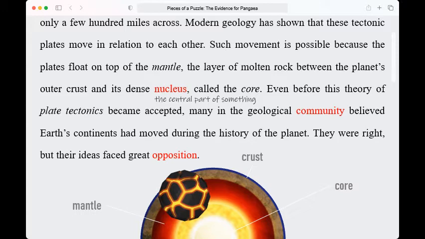Even before the theory of plate tectonics became accepted, many in the geological community believed Earth's continents had moved during the history of the planet. People who studied geology believed that Earth's continents may have moved sometime in the past.